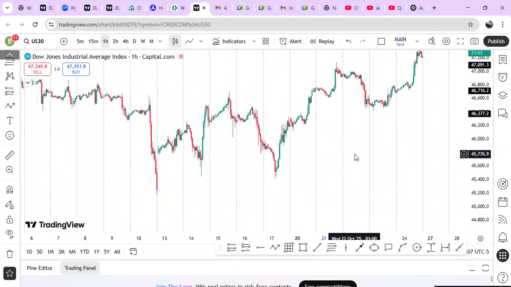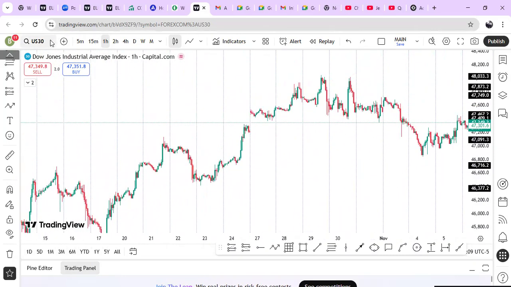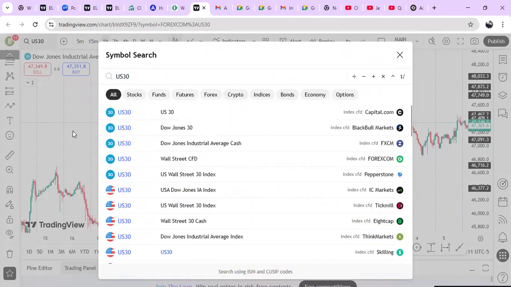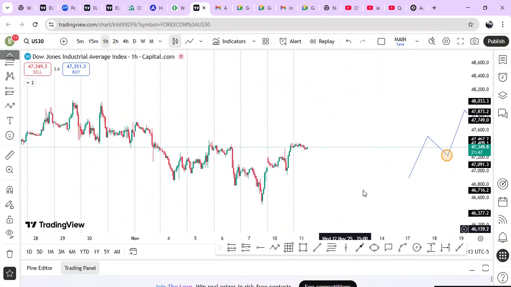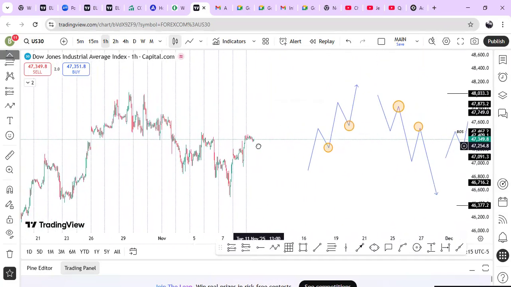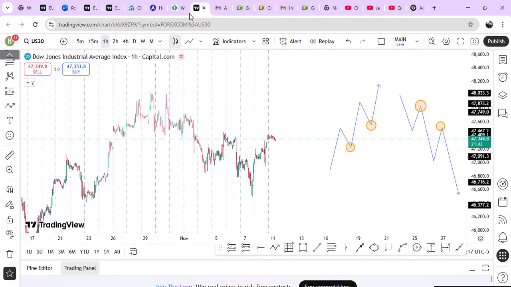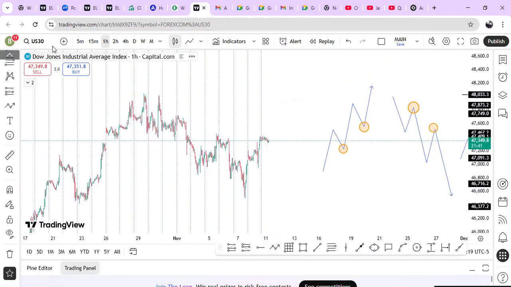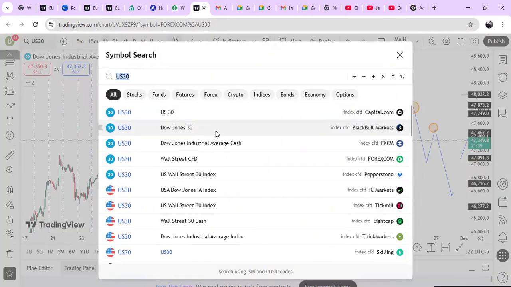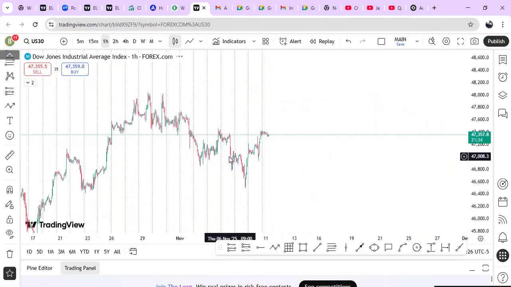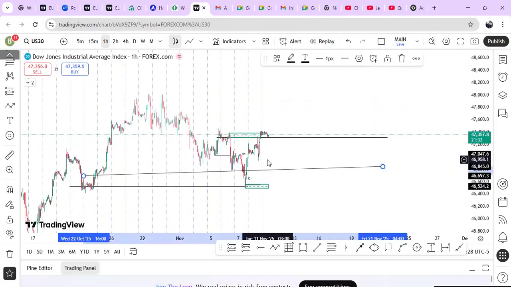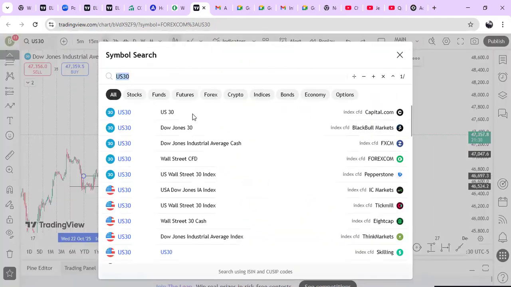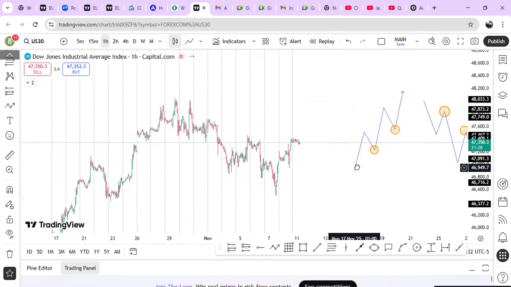Okay, this one is much clearer. Let me change the chart, sorry. Let me look for a clean chart to explain this for us.